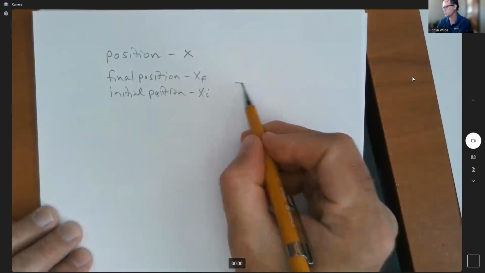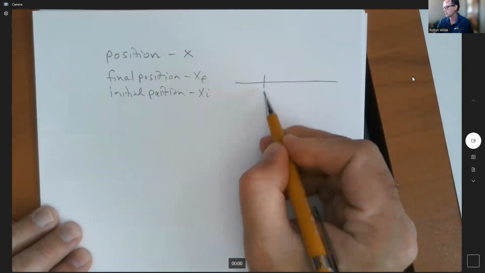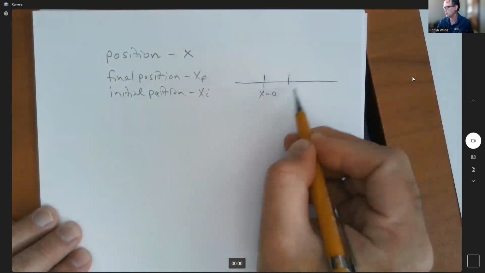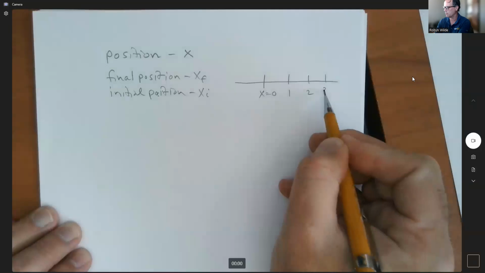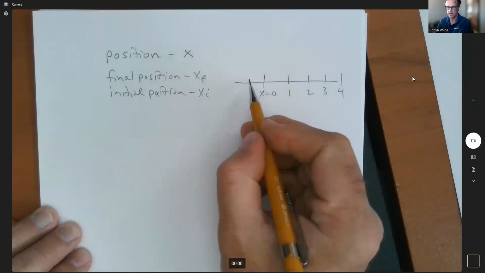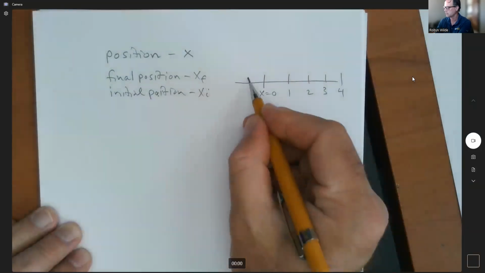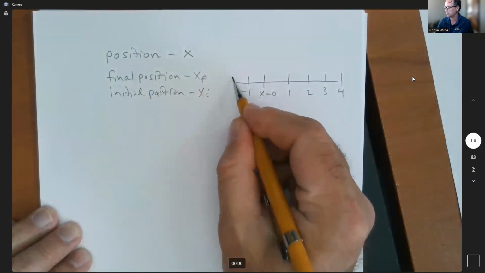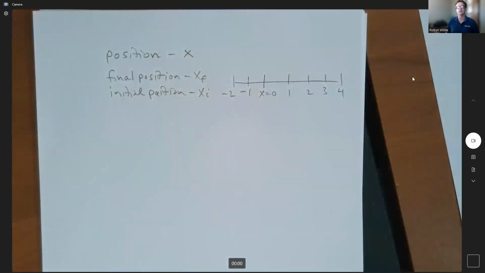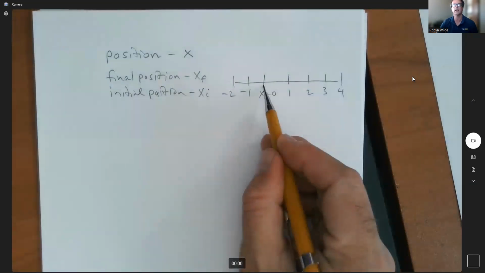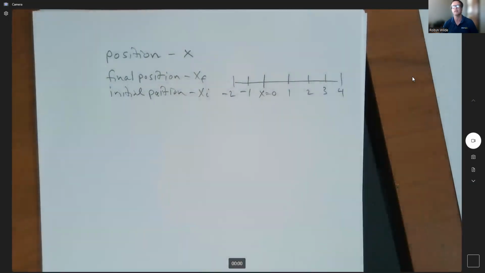So for example, if I'm just moving along a straight line, maybe I've got X equals 0 here, and I'm going over to the right in my positive direction. To the left, I might be going in my negative, right? So my X equals 0 point, my origin, is right there.